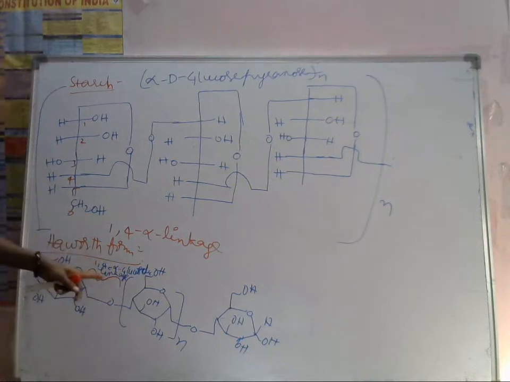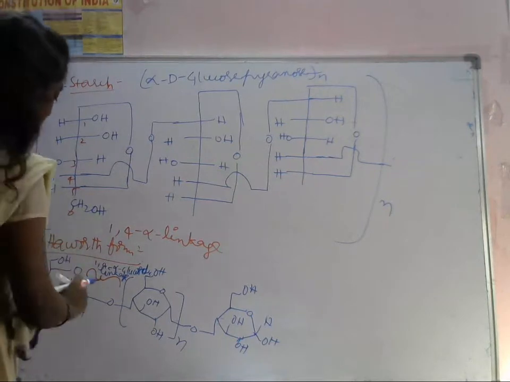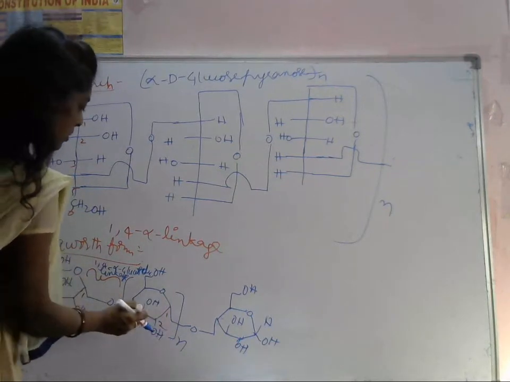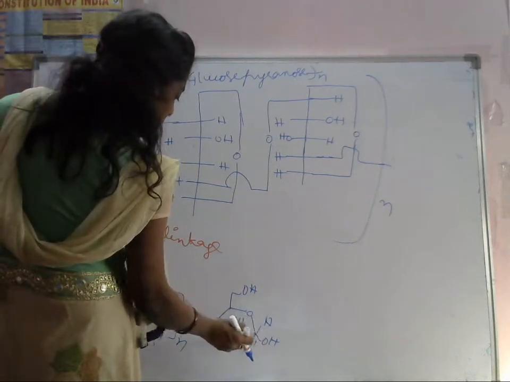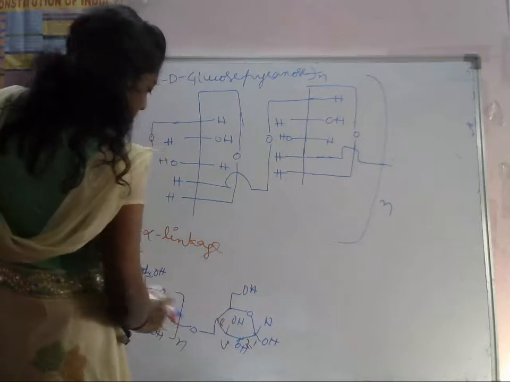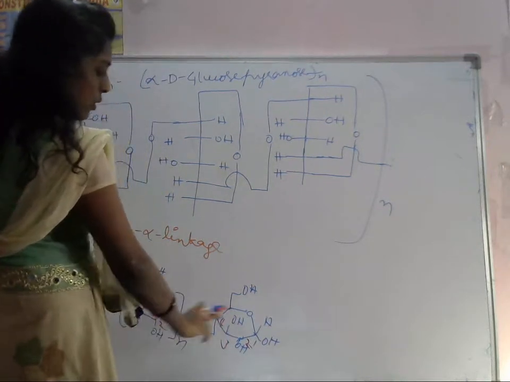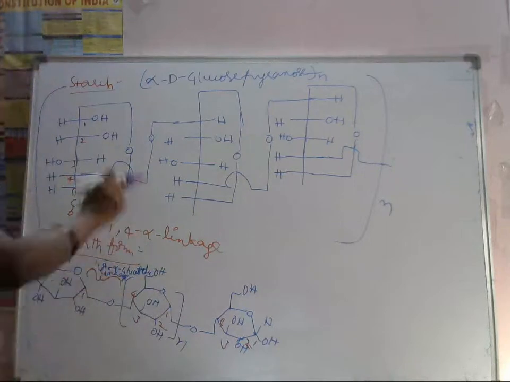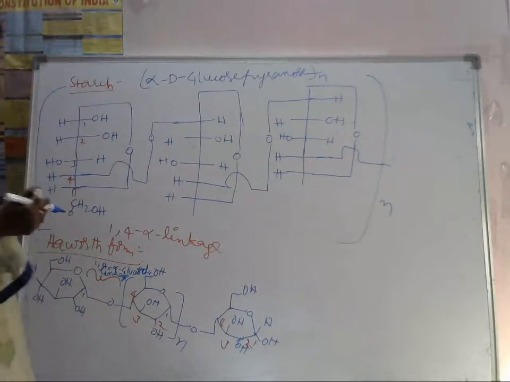Alpha glucose, this is the first carbon, and this is the 1, 2, 3, 4th carbon. So like that, 1, 2, 3, 4. This is starting with the first carbon and another molecule with the fourth, so there is a 1,4 alpha linkage. If it is present in this mode, then it is called alpha linkage.